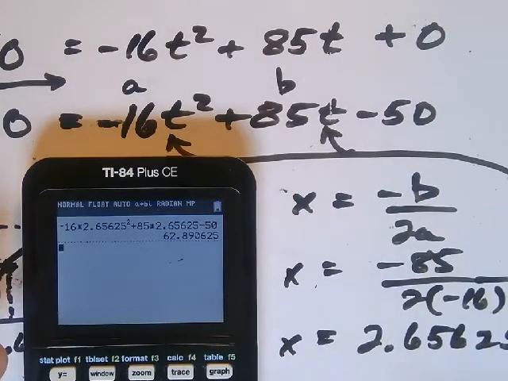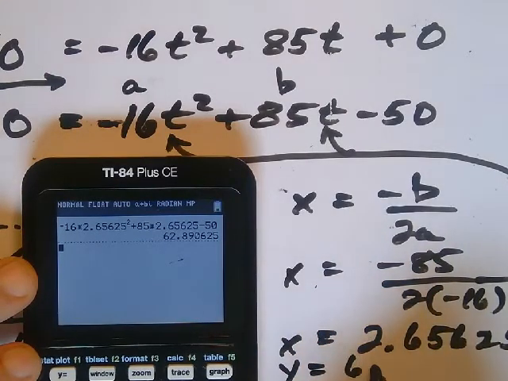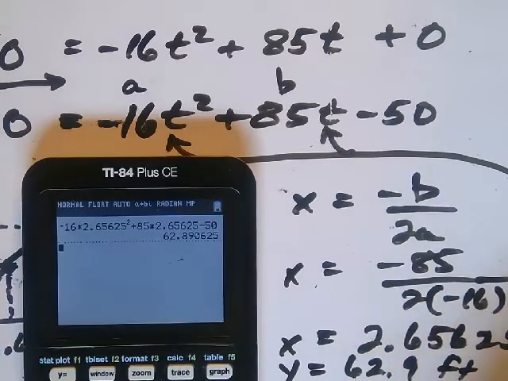It's telling us that the y value here has to be 62.9 feet. Well, that means that it won't reach 120 feet.